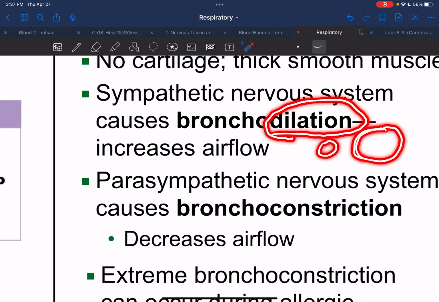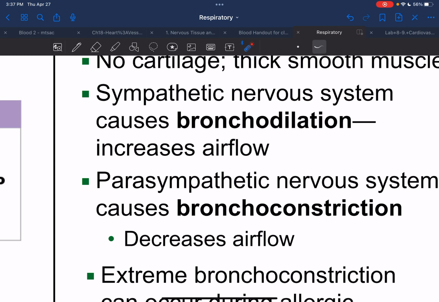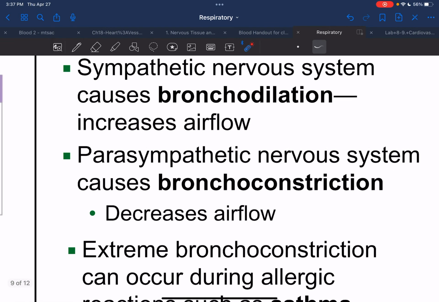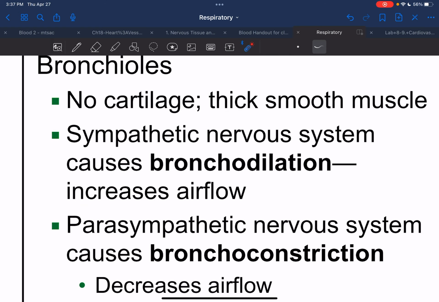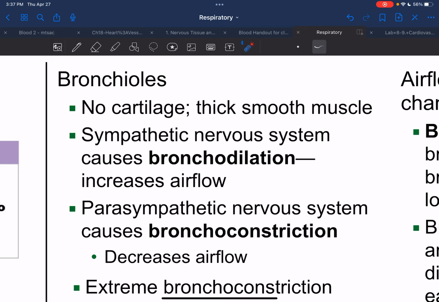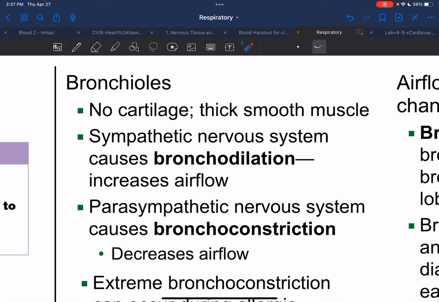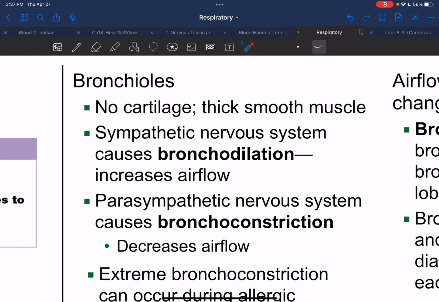Dilation means to increase in diameter, and therefore it can increase airflow. So if you take a bronchodilator, you kind of understand what's going on. It's increasing your airflow by allowing the relaxation of those muscles.